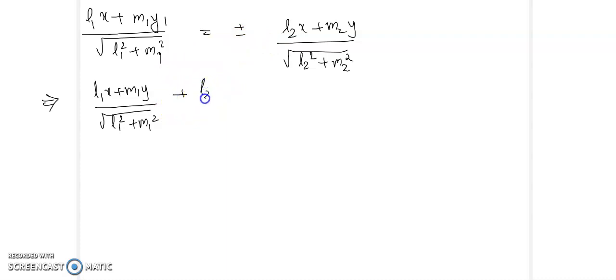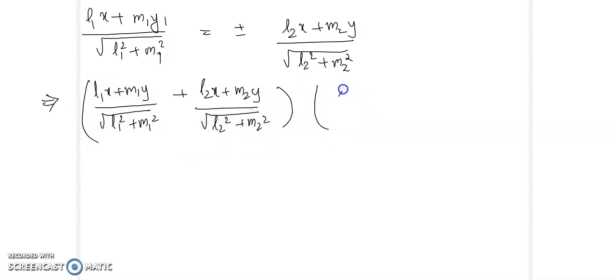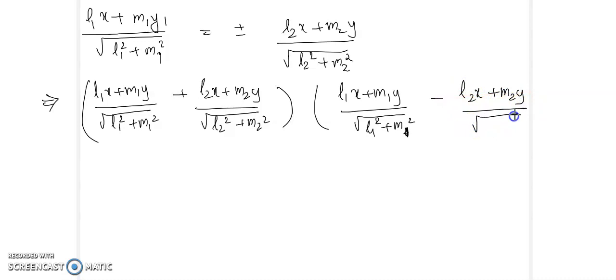So plus L2x plus M2y by root of L2 square plus M2 square into L1x plus M1y by root of L1 square plus M1 square minus L2x plus M2y by root of L2 square plus M2 square equal to 0.